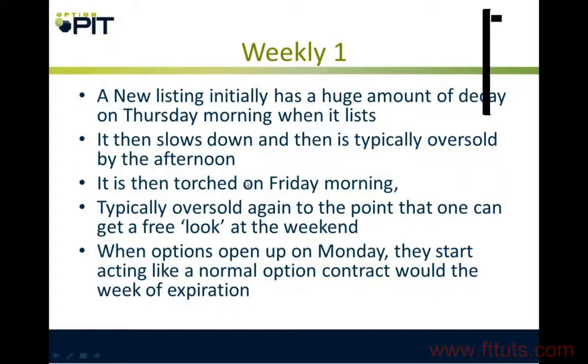And usually by Thursday afternoon, that premium decay slows down to a kind of normal progression. So you'll see a huge portion come out Thursday morning. Then it'll kind of stop for the day. Sometimes it can get oversold, and you'll actually see these options increase in volatility. Then Friday morning, they start torching again.